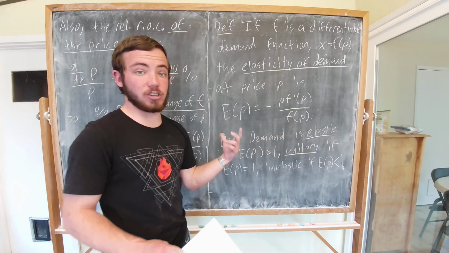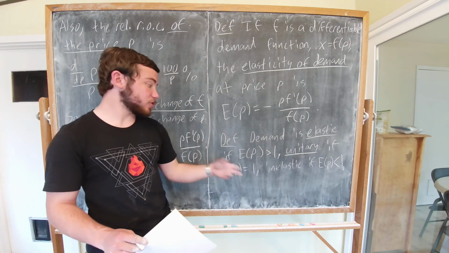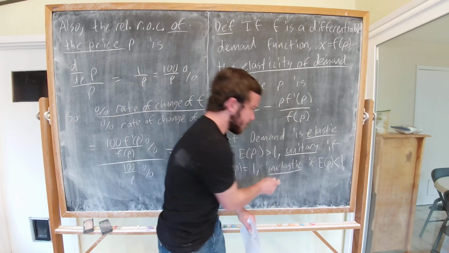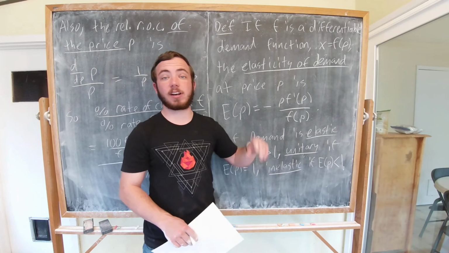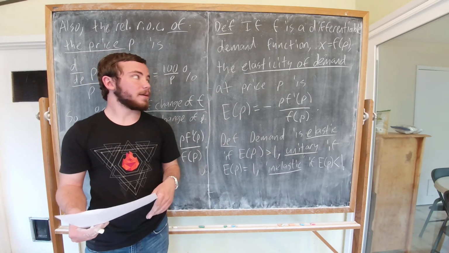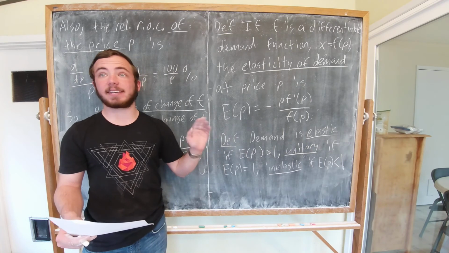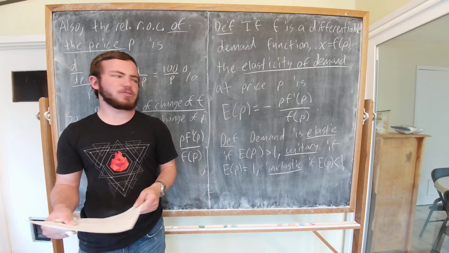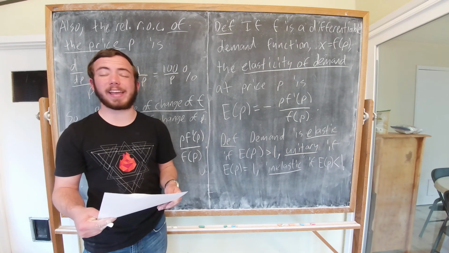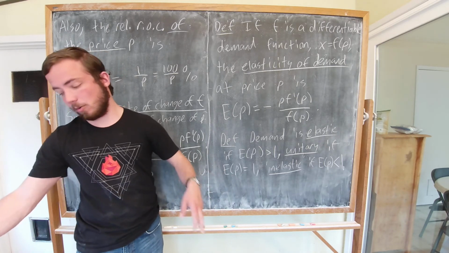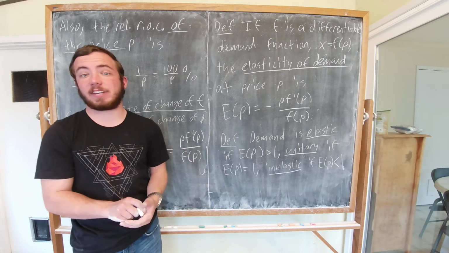Unitary, if a small change in price causes roughly the same change in demand, and inelastic, if a small change in price causes even less of a change in demand. Basically, elastic goods, it's easier to move along that demand curve. And you can see, I think it's page 208 of your book for a full discussion of this. Should be 208, assuming versions are the same and everything like that.